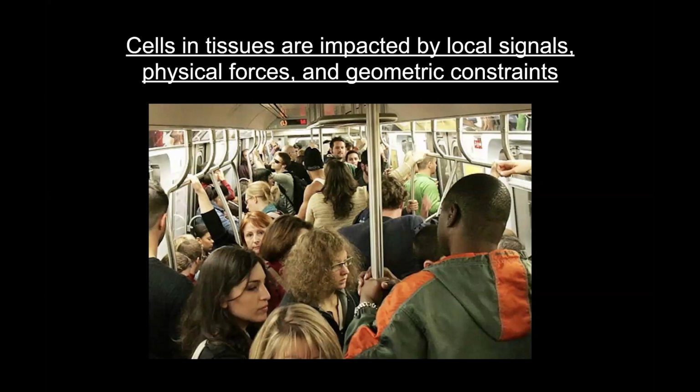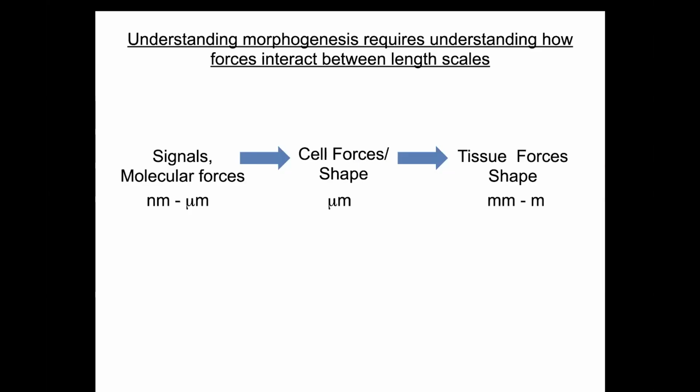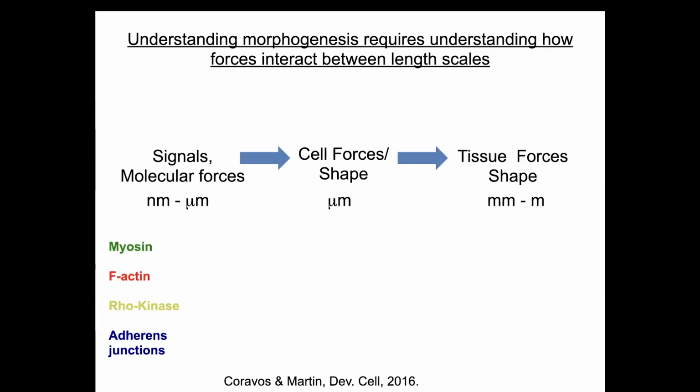So in tissues, in order to change shape, there's a sequence where forces are transmitted from the molecular level, on which the signals also operate, up to the cell level. And I'll just show you my favorite signaling pathway and favorite structural proteins, which is Rho kinase and actomyosin. So Rho kinase here would be a signal. It's downstream of the GTPase RhoA.